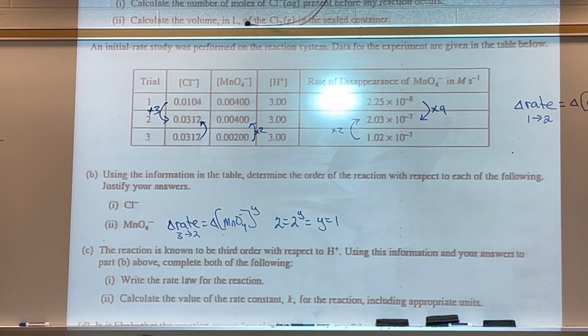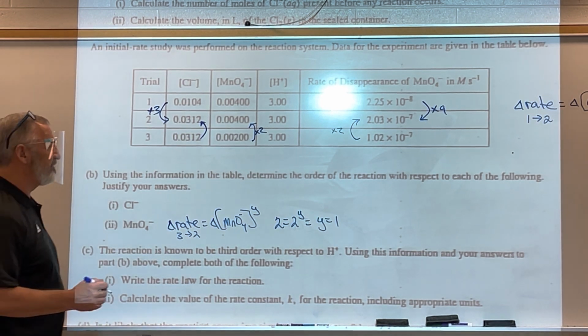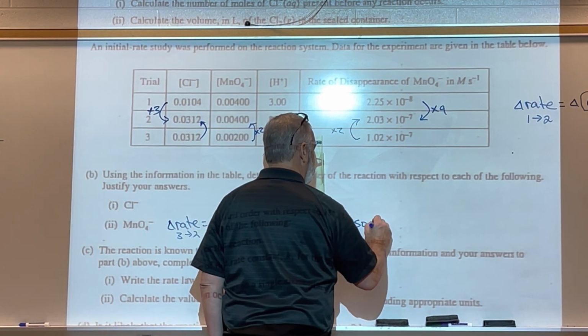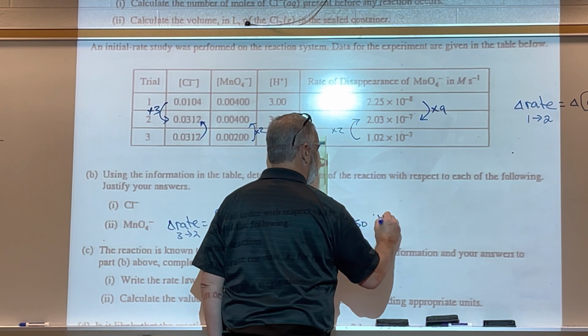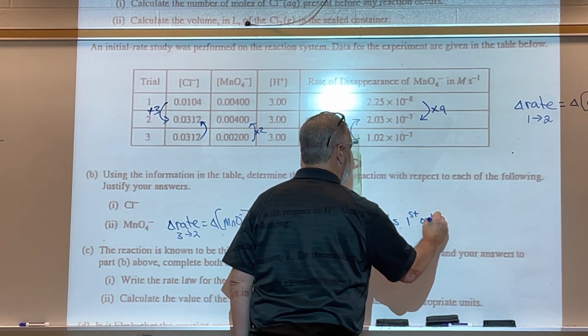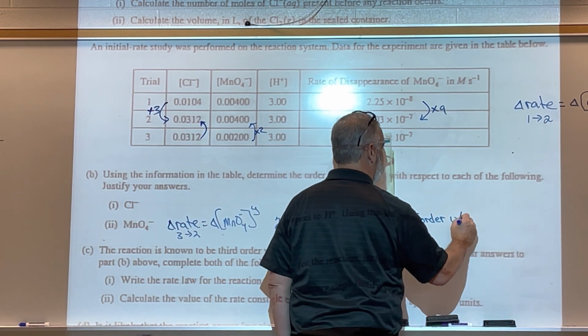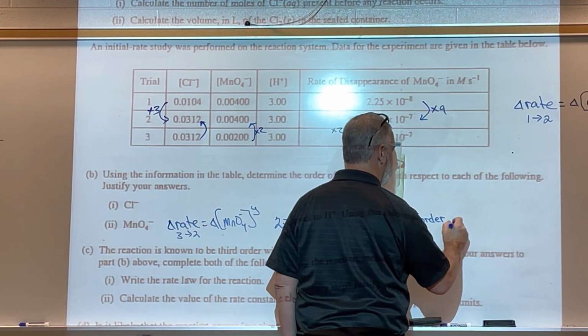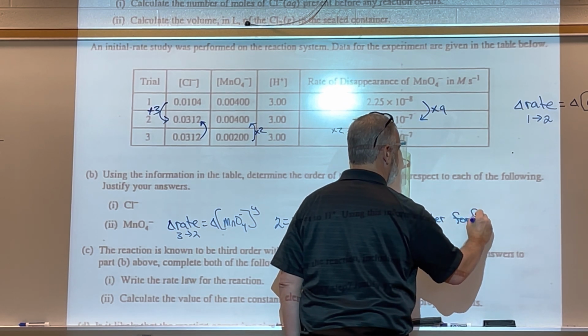Okay, determine the order. You haven't proven yet that you know what the order is. You and I both know that X and Y are the order, but you have to specify it. So you would say it is first order for MnO4.